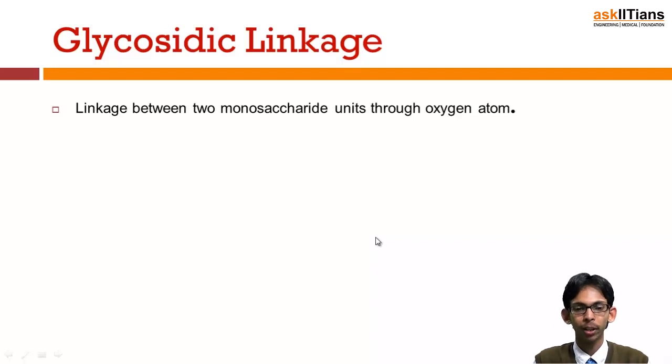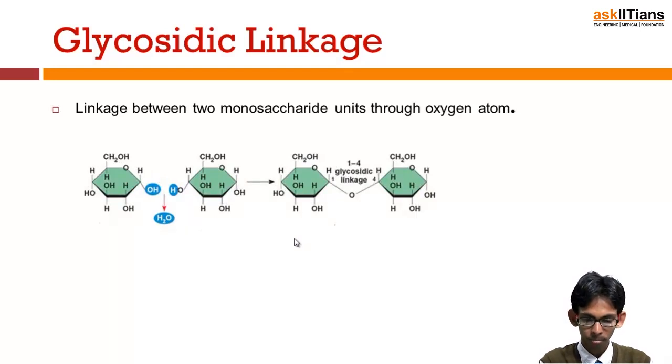Let's say these are two monosaccharide units. They come together and a condensation reaction takes place with elimination of a water molecule, and a bond is formed through an oxygen atom, and this is known as glycosidic linkage.